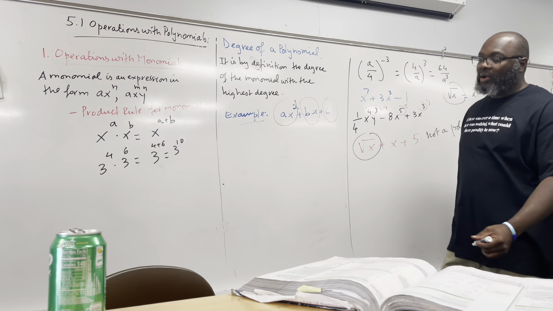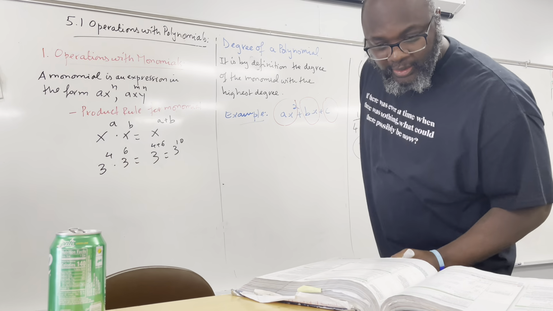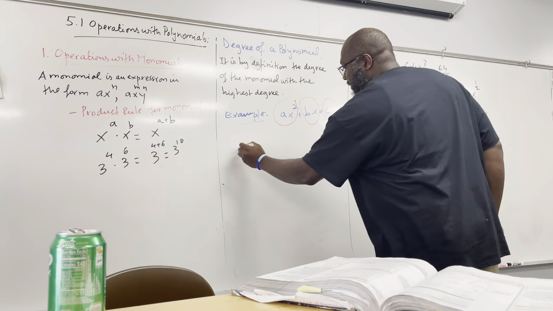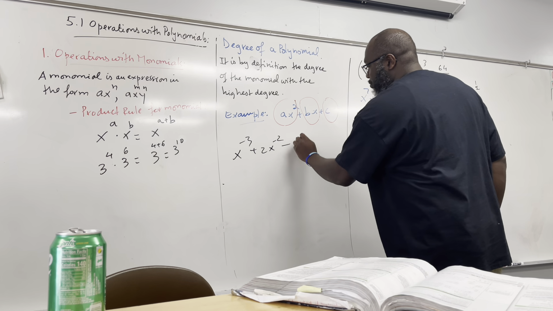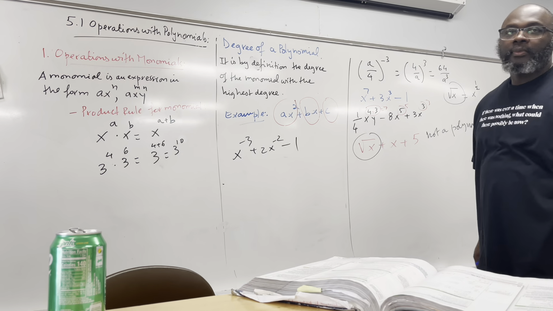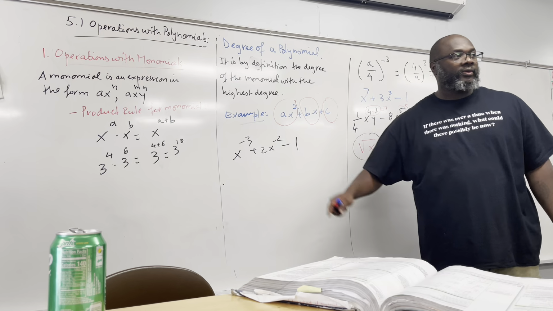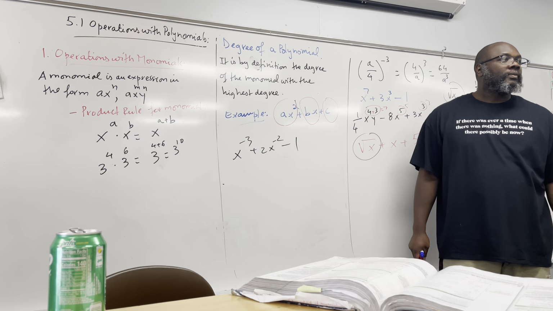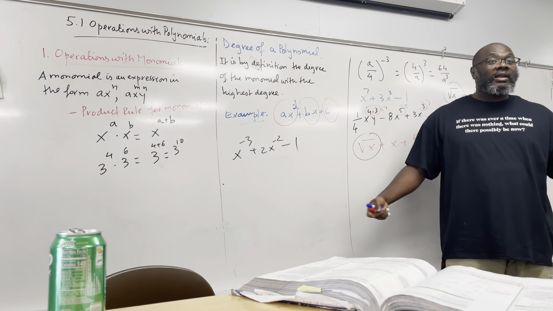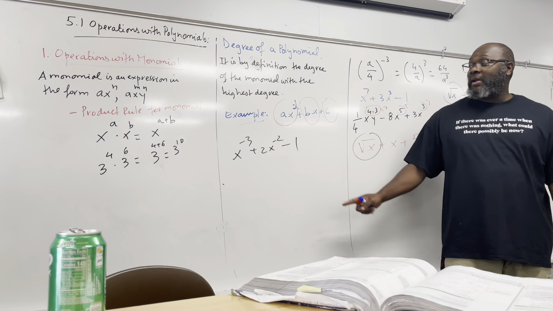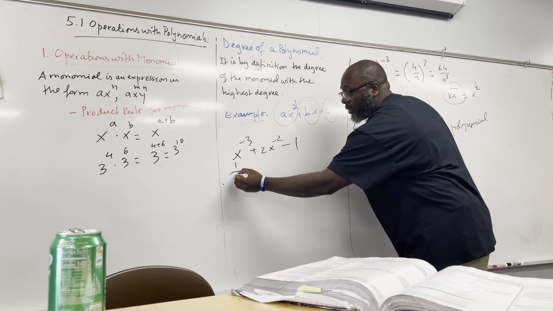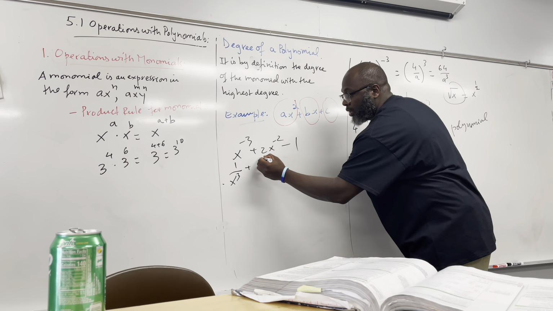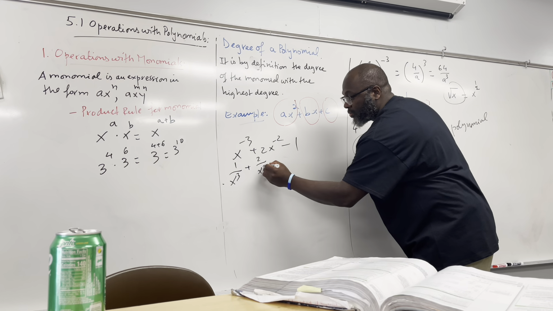All right. Now, what if I have this here? X to the negative 3 plus 2x to the negative 2 minus 1. What do you see here? Technically, it can't be a polynomial either, because guess what we have? If I change this, it becomes what? 1 over x cubed plus 2 over x squared minus 1.